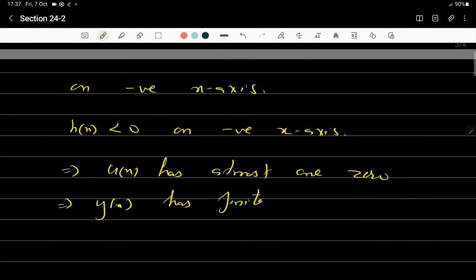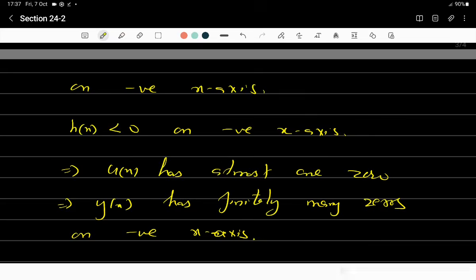In other terms, since we have to prove it does not have infinitely many, I can say it has finitely many zeros on the negative x-axis. So that's all from today's class. In the next class we will cover Sturm comparison theorem. Thank you.